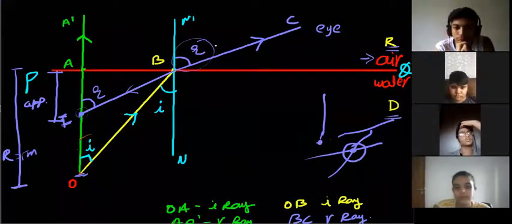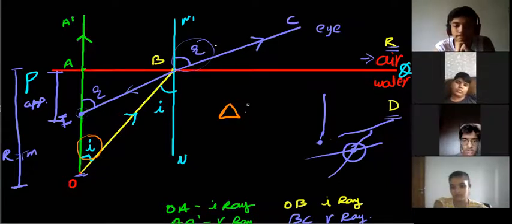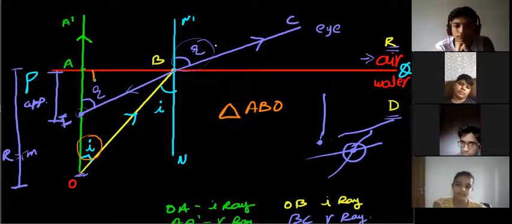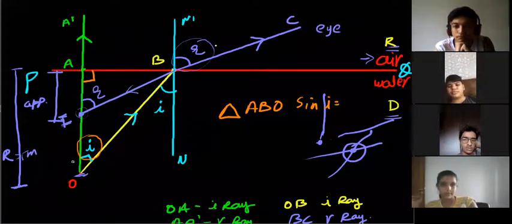Here is I. Okay. In triangle ABO, this is the right angle. Sin theta, meaning sin I, equals opposite upon hypotenuse. So what is the opposite?